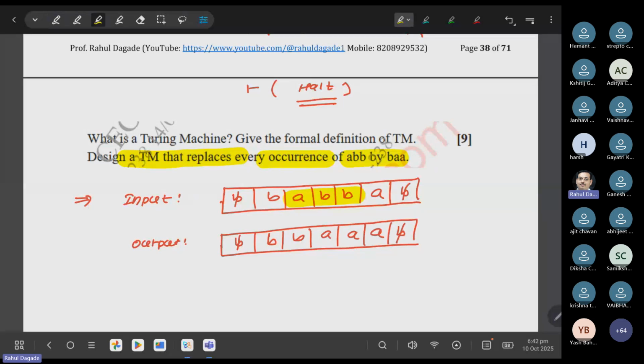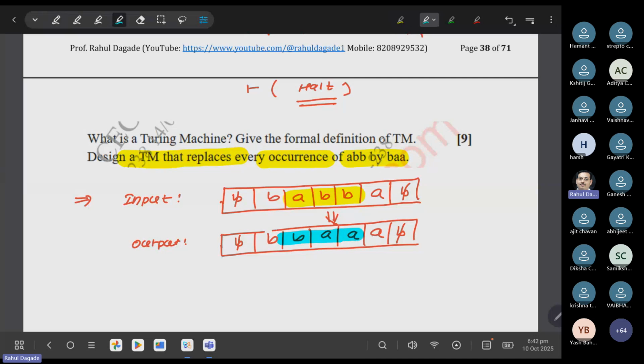That is, you see that this ABB is replaced by BAA. Sorry, not this. This.